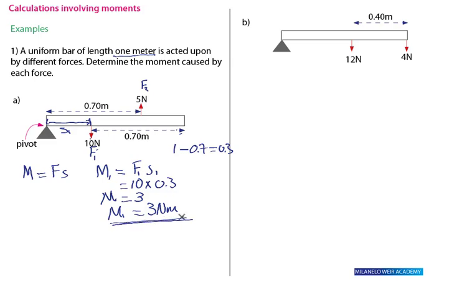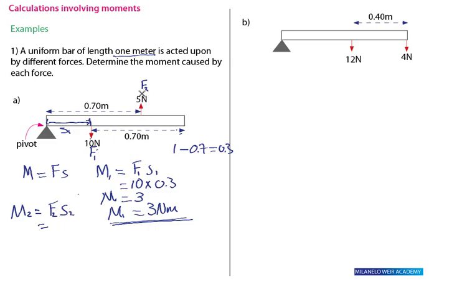This is M1, the moment due to F1. And then let's look at M2. F2 times S2, just to distinguish the two.